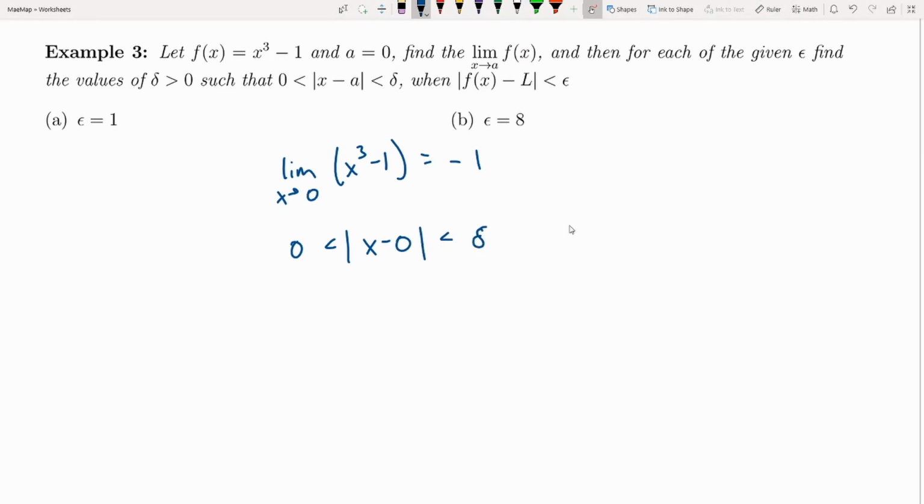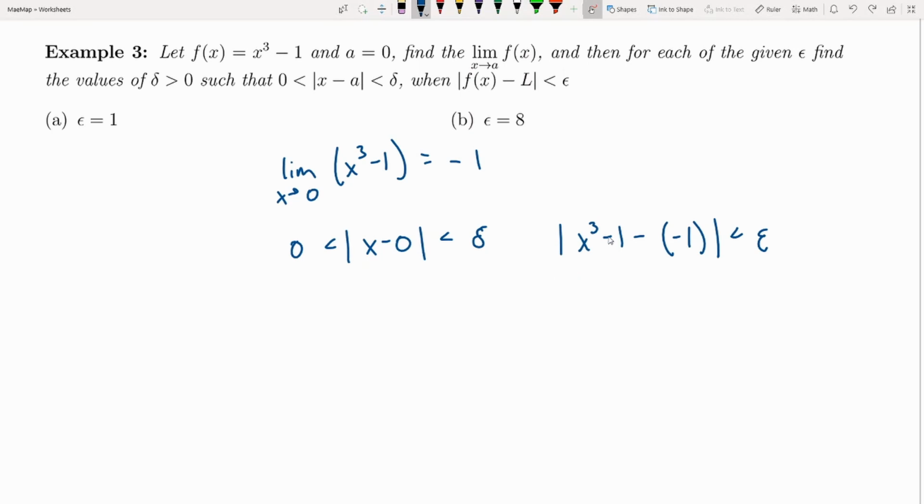And we also have that our function f of x is x cubed minus 1. So x cubed minus 1 is our f of x, and we're going to subtract that limit L, which is -1, and that's less than that epsilon value. And our epsilon is going to change depending on whether we're working with part A or part B.